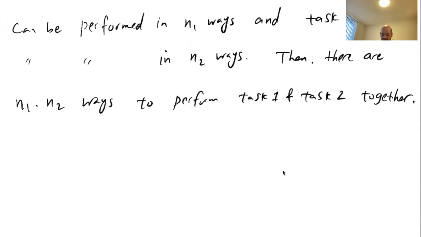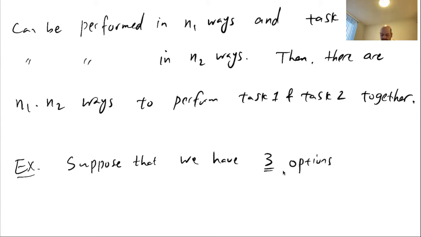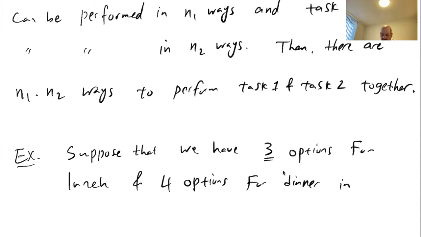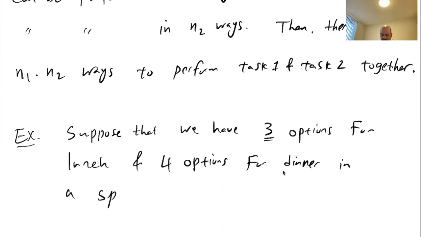Okay, so let me give you an example. Suppose that we have 3 options for lunch and 4 options for dinner in a specific day.